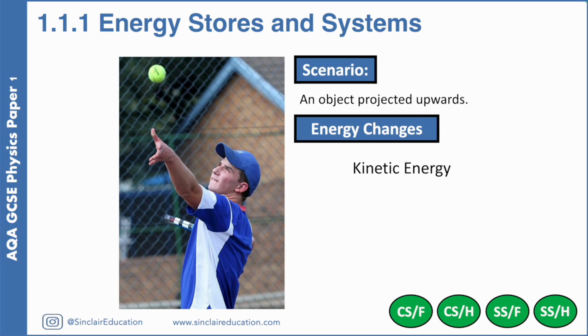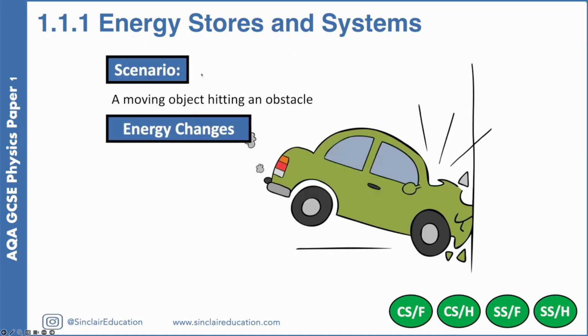As we have an object projected upwards, originally the person would have had a store of chemical energy that's then thrown up, transferred into kinetic, and what we'll find is that as it rises higher and higher, it will slow down, and that energy will be stored as gravitational potential energy. So as this gets higher, it will have less kinetic and, in theory, more gravitational potential.